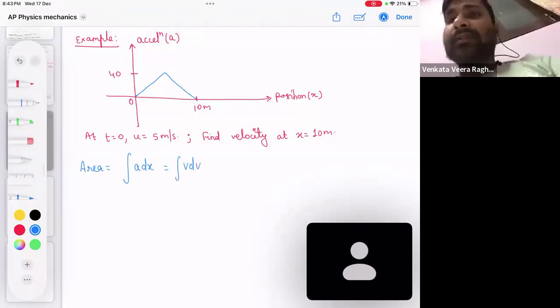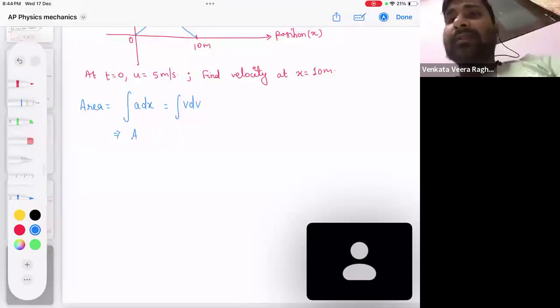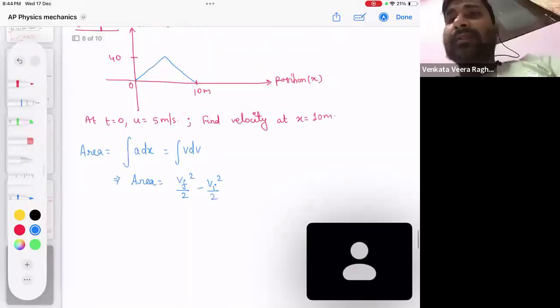Integration of v dv, if you do it, can I say the area is going to represent V final square by 2 minus V initial square by 2? So here in the question, the area is telling me V final square by 2 minus initial V square by 2. What is the area in this question?